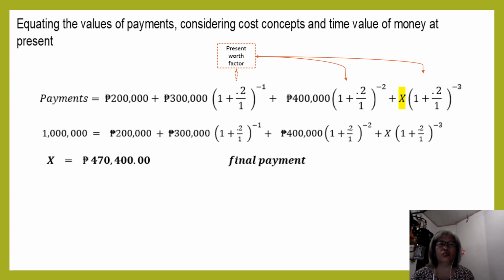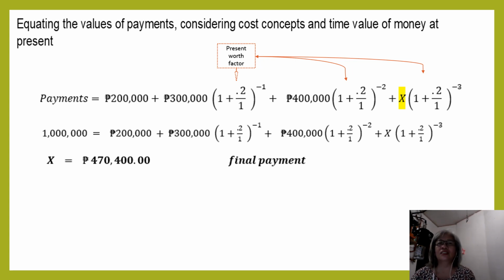We equate it with the cash value of the lot because it is the present value of the lot.